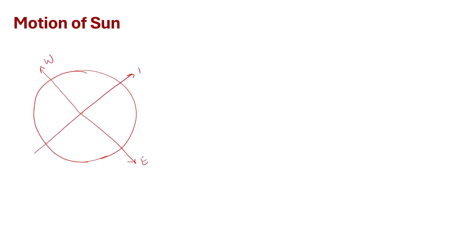So, let us first look at the motion of the sun. Let us say this is our plane of earth, and this is my east direction and this is our west direction. Consequently, this becomes north and this becomes south, and we know that the sun in the morning rises in the east.